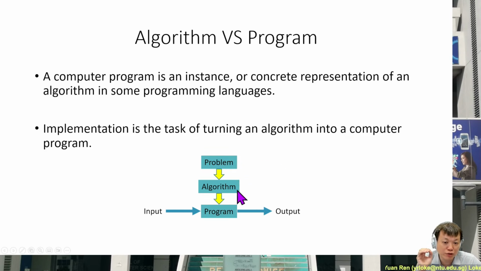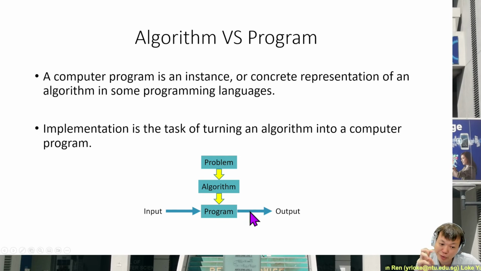And then a program, whether you implement it in C, C++, Java, Python, or whatever language, is written so that you can execute it, take the input and produce the output. A program is just an instance of an algorithm in a certain programming language. It is trying to realize your algorithm. So they are not actually the same thing.